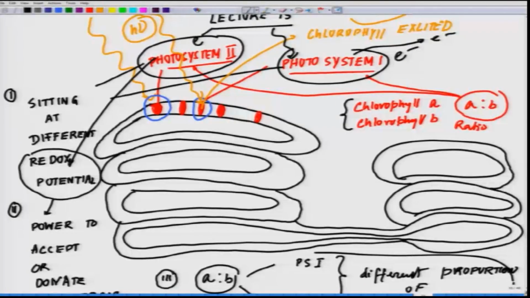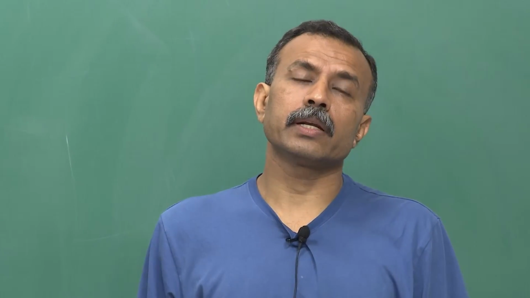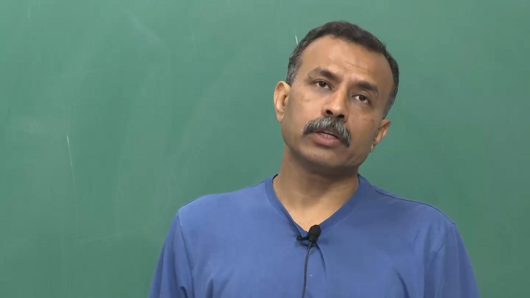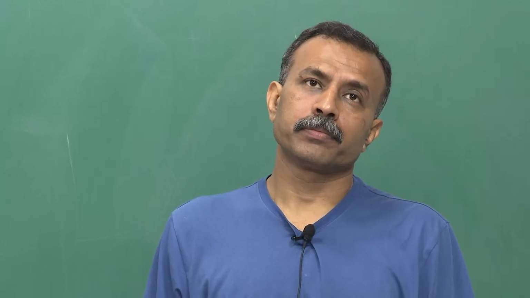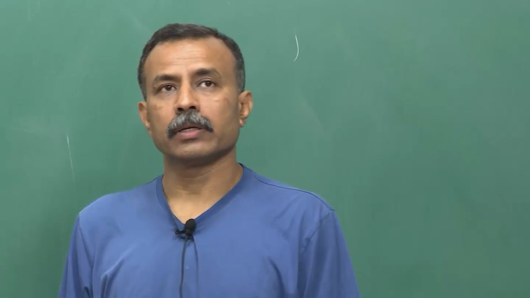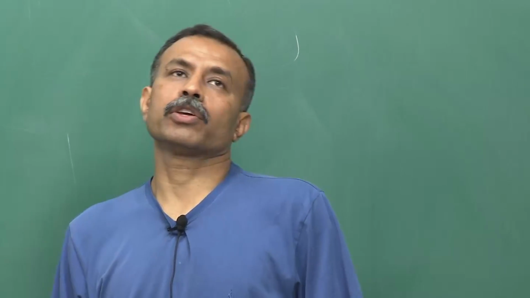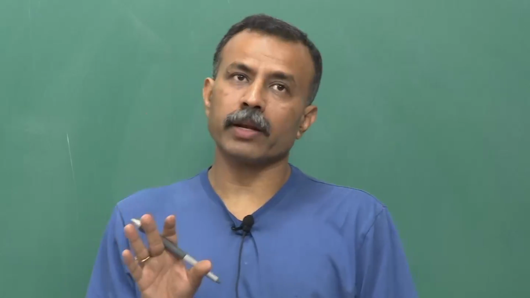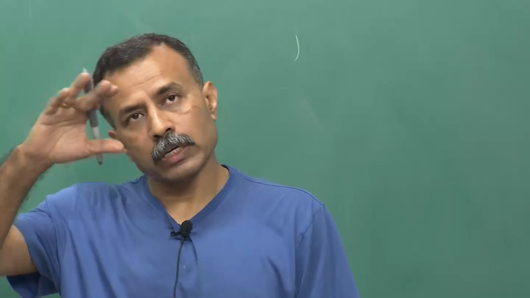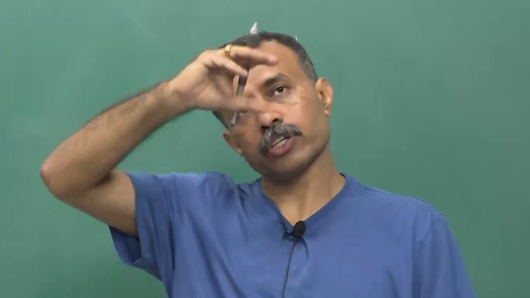This is the part I am going to tell you. They will be ejecting an electron at different redox potential, because the electrons are harbored at different molecules. So, the electron will remain an electron only, but they will be coming from different redox potential sources.